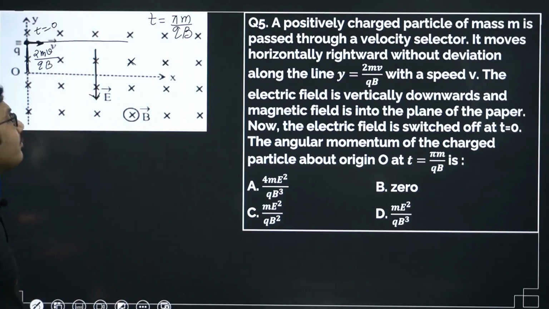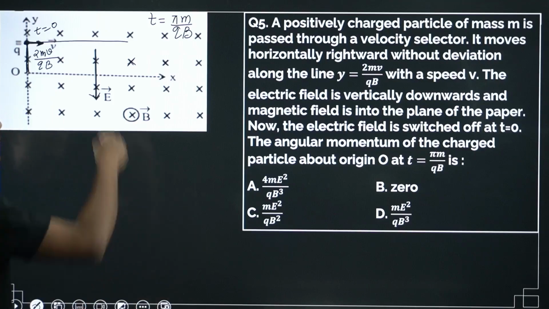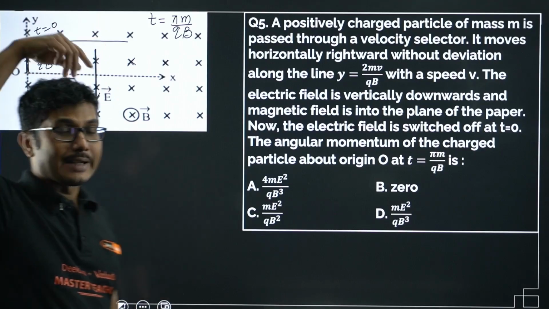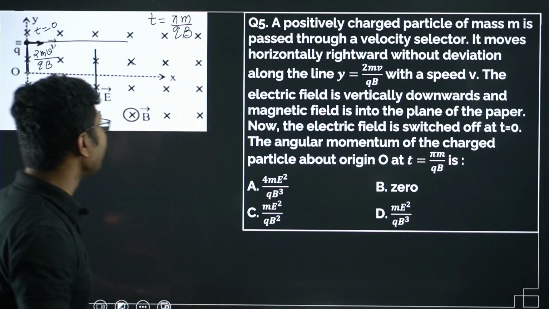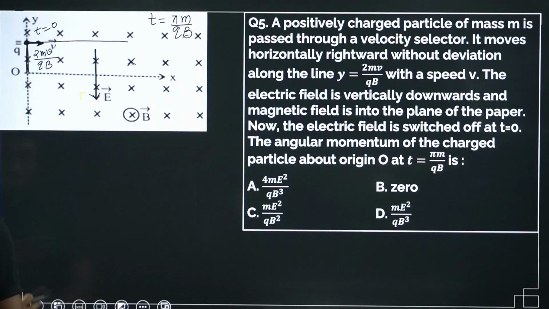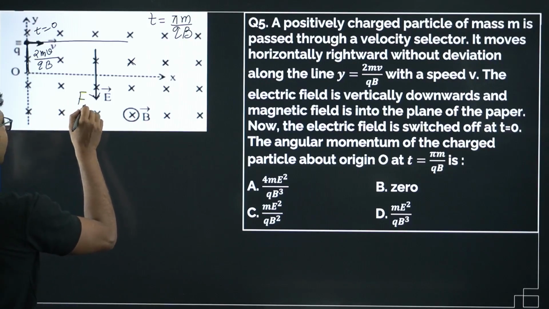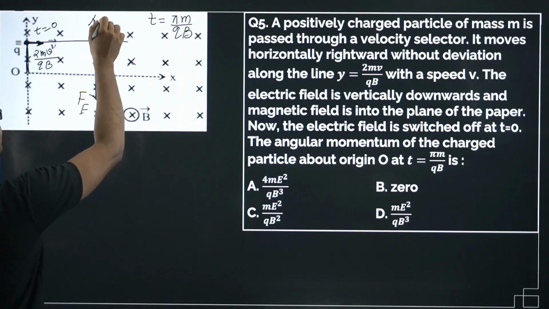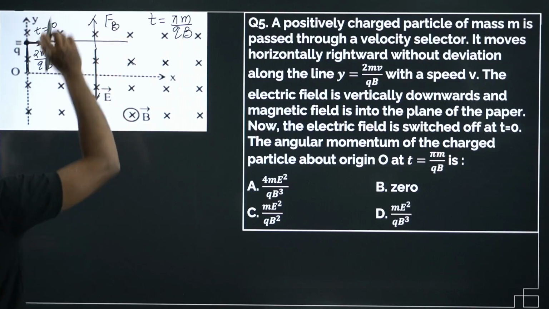What is the direction of the electric force? For a positive charge, it will be in the direction of the electric field. So the electric force will be downward and the magnetic force will be upward, and both are equal.